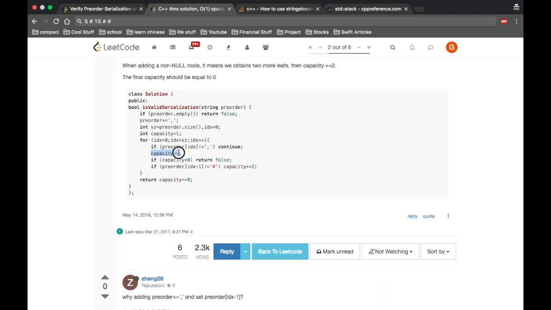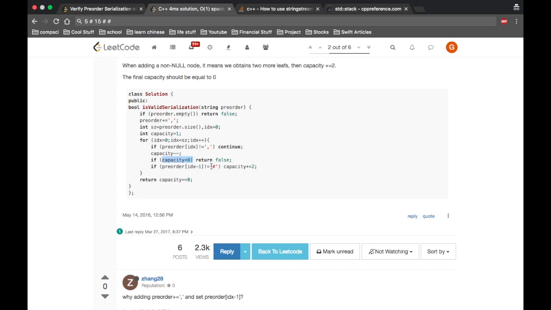We subtract 1 from capacity because it fulfills the capacity from above. Then we check if capacity is less than 0, because if so, then this node isn't a child of any parent node from above, so return false.